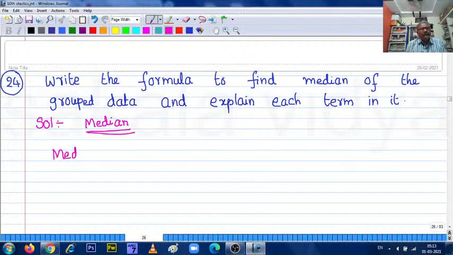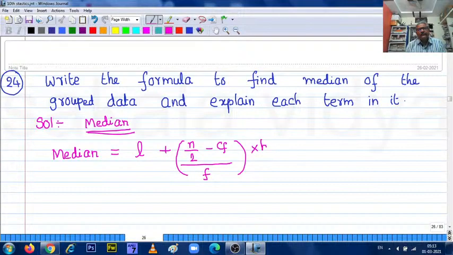Median equals, we can write L plus n by 2 minus CF upon F multiplied by H. Where L equals lower boundary of median class.